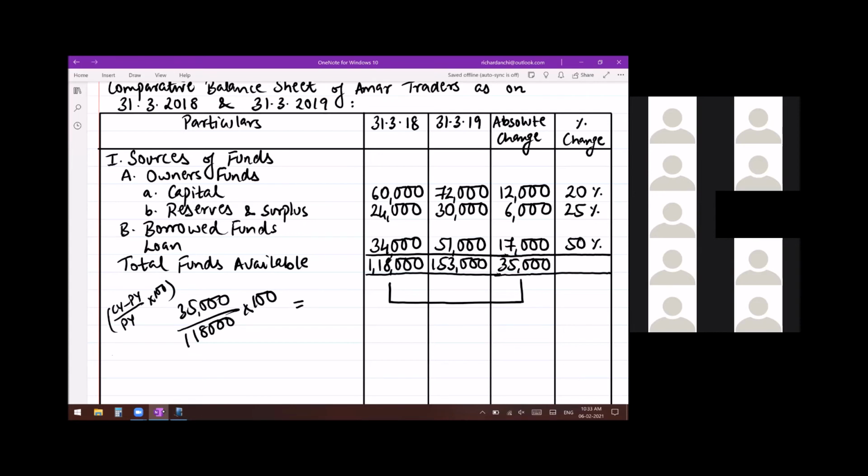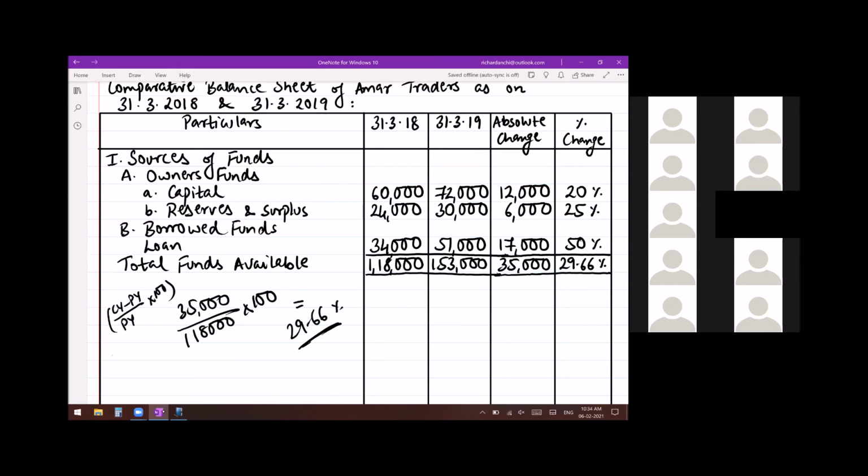Okay, please check everyone. Are you getting the same? 29.66%. If it's coming in points, round off up to 2 digits.